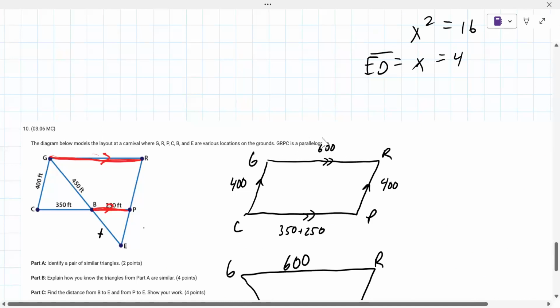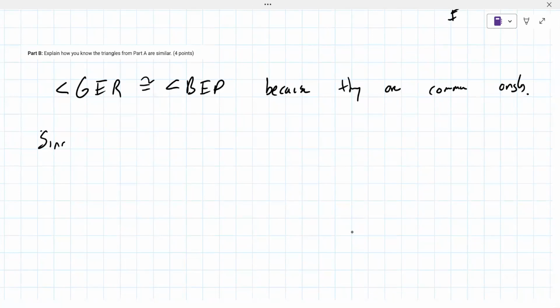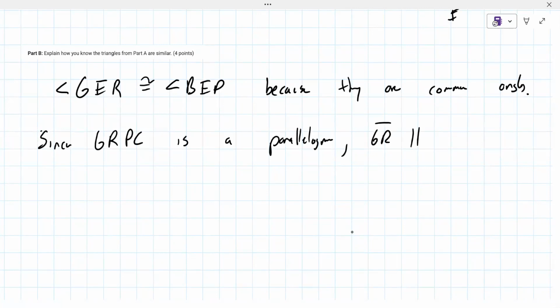Since GRPC is a parallelogram, that means that GR and CP are parallel, okay? So you want to say, since GRPC is a parallelogram, GR is parallel to CP.